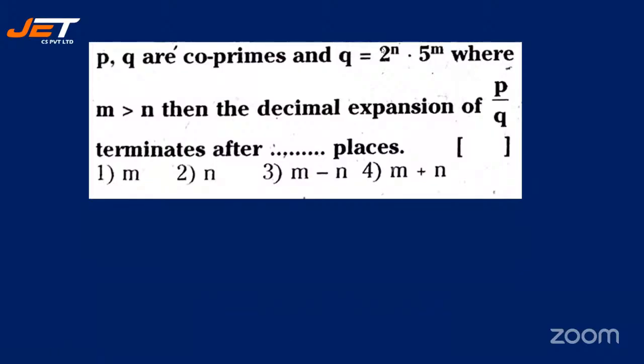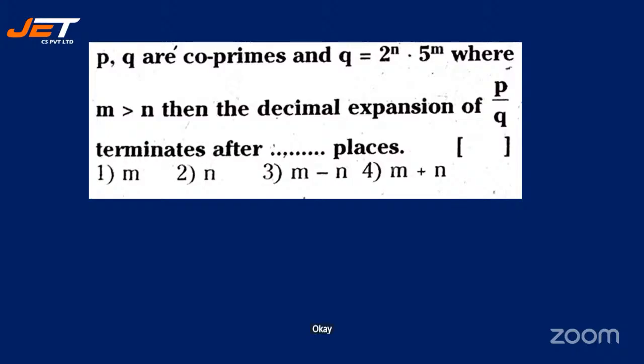Your question says, P, Q are coprimes and Q is equal to 2 power n into 5 power m, where m is greater than n, then the decimal expansion of P by Q terminates after dash places. M places, n places, m minus n places, or m plus n.